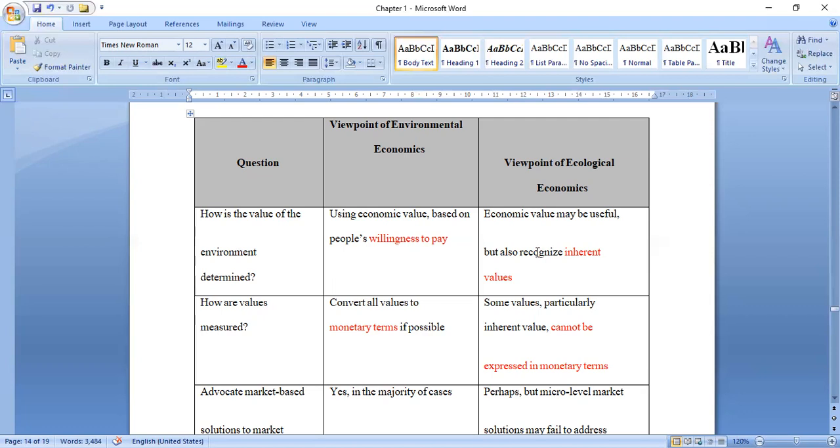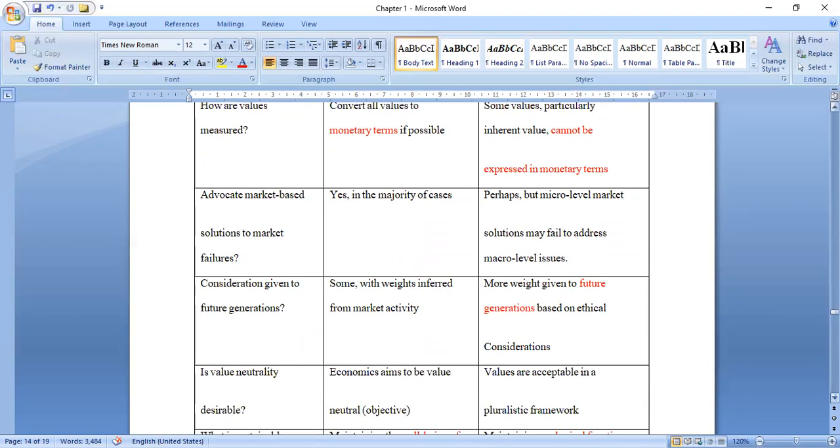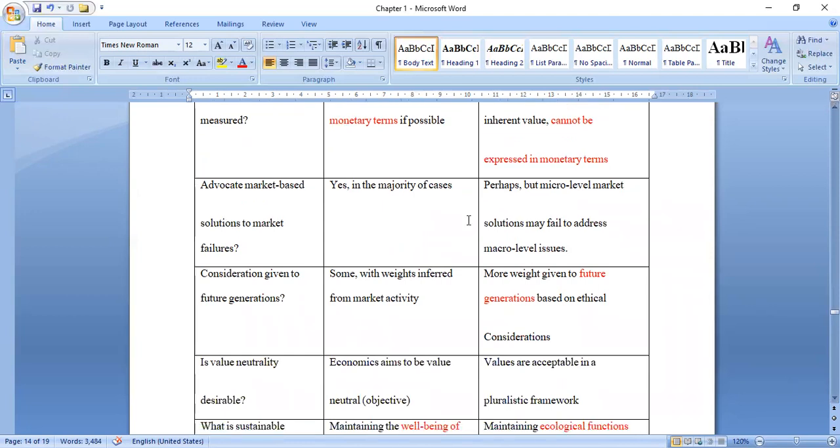Whereas ecological economists look at the value attached to environmental goods and services in terms of inherent values. And what are these inherent values? For example, the rights and the justice owed to these environmental goods. Environmental economists attach monetary terms to environmental goods and services, whereas for ecological economists the value is non-monetary in nature, right?